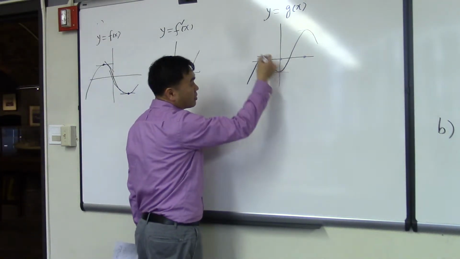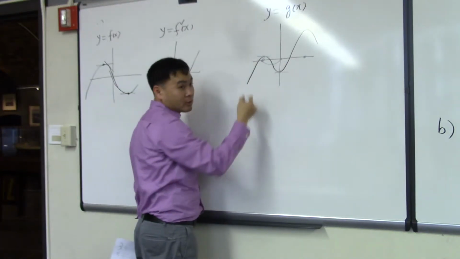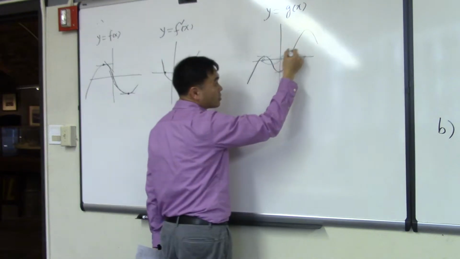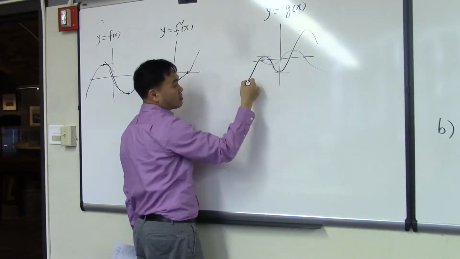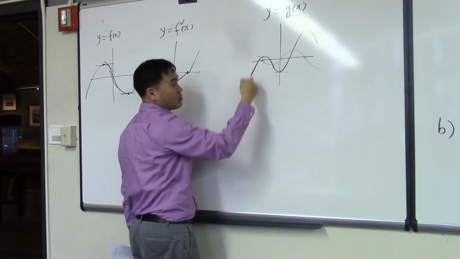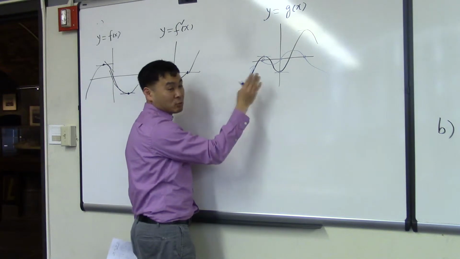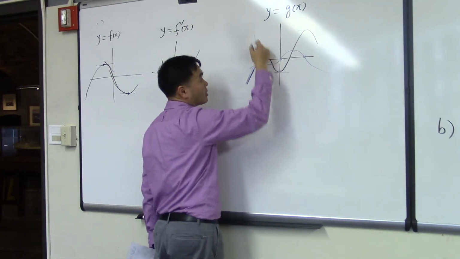Now between here, is it decreasing or increasing? Decreasing, so it's under, right? Between these two, increasing or decreasing? Increasing, over, and decreasing after, right? Here, is it decreasing or increasing? It's increasing. You always read the graph from left to right when you talk about increasing or decreasing. So it's increasing, so it's going like this.